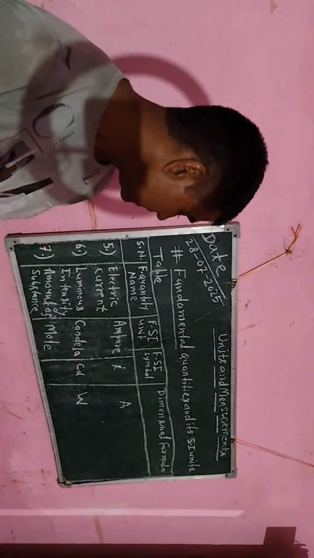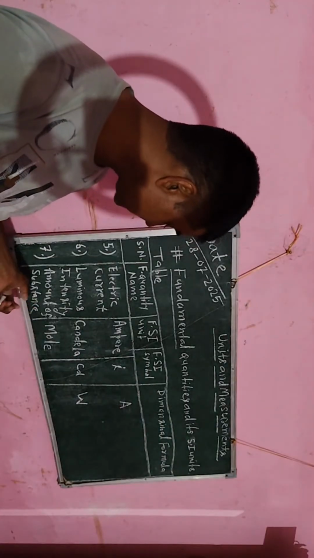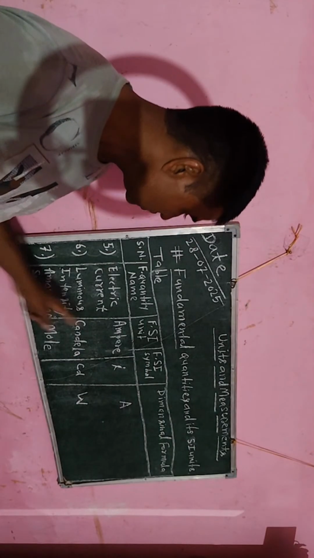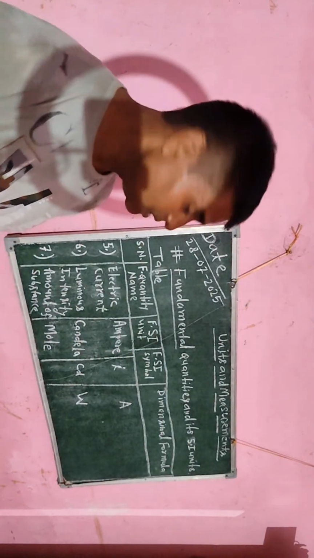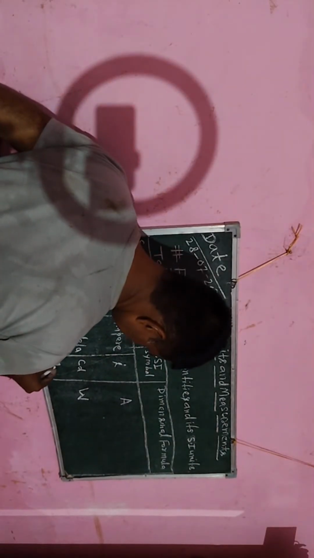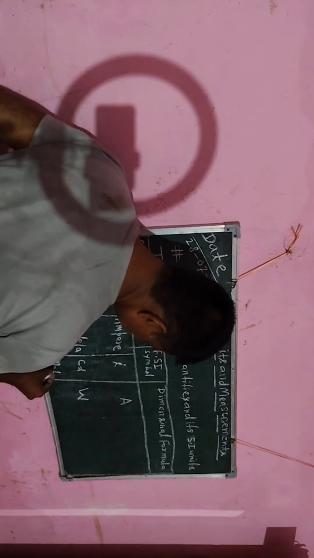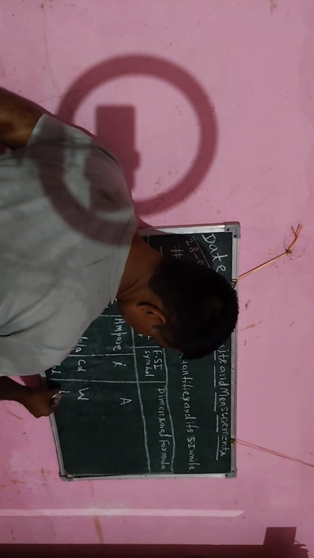So if I calculate any substance, the SI unit of that substance will be mole, but its symbol is written as mol, and its dimensional formula will be capital N.